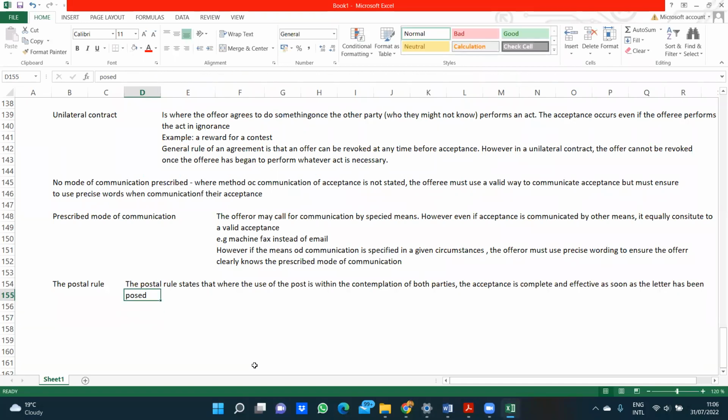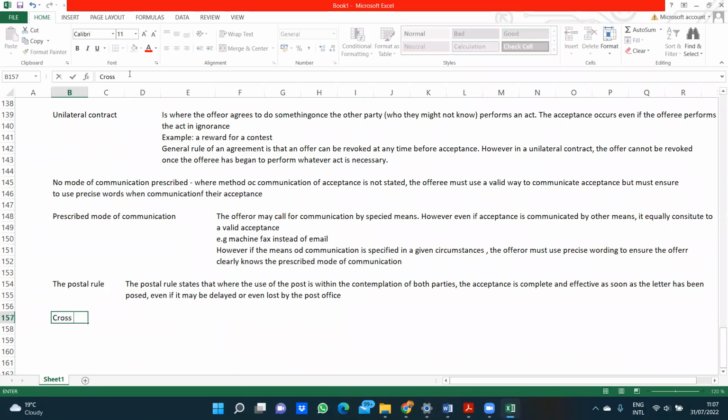Okay. Even if it may be delayed or even lost by the post office, as soon as it is posted, it constitutes a valid acceptance.